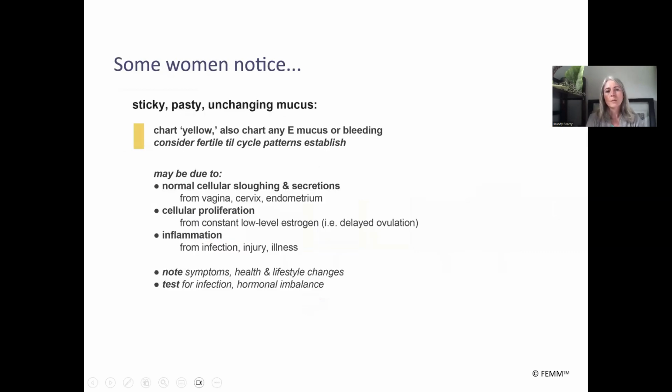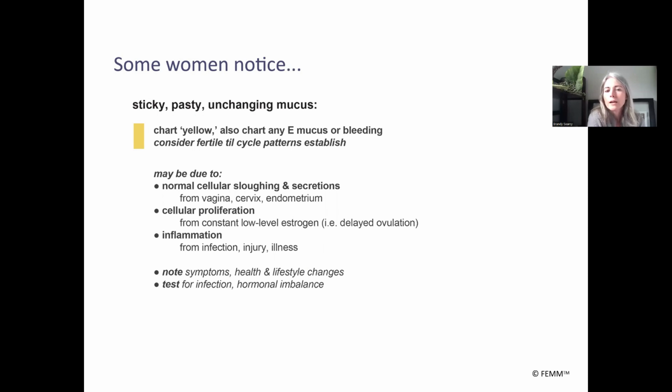Now, some women notice sticky, pasty, unchanging mucus. For you, you will chart yellow for those days until you identify whether that's a fertile or an infertile pattern for you. So instead of dry, you would just see sticky, pasty, unchanging mucus on those days.